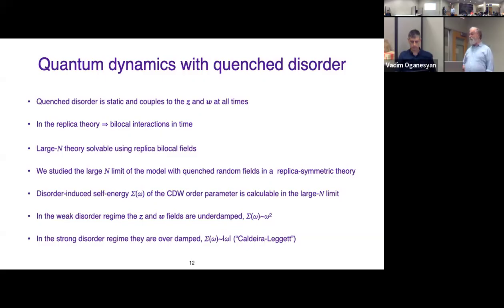In the weak disorder regime, the propagation is clean, and sigma, the self-energy, is proportional to the frequency squared. Whereas in the strong disorder regime, even in the absence of a metallic matrix, you get a self-energy that scales with the absolute value of omega.